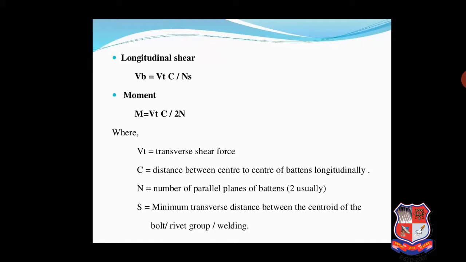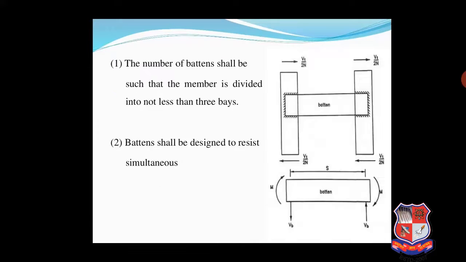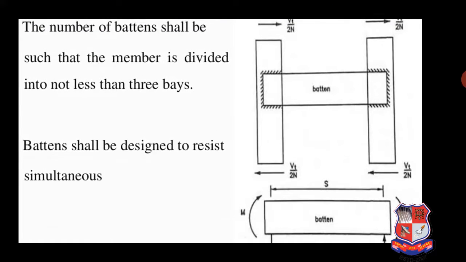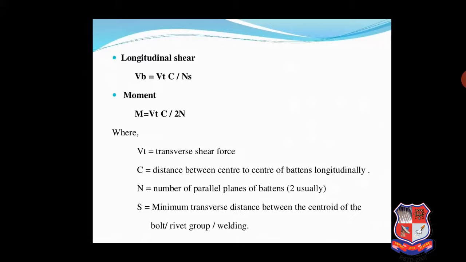N means the number of parallel planes of batten, usually 2 is taken. S is the minimum transverse distance between centroids of bolt, rivet group or welding. You can see in the figure, this is S, the minimum distance between centroids of two bolt, rivet or welding groups.